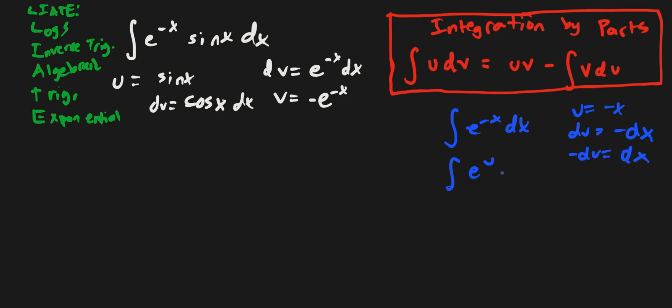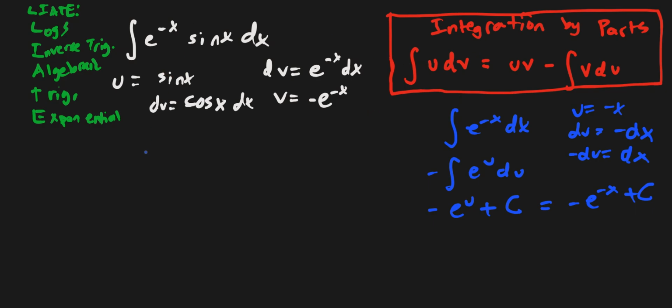So dx is negative du. Push that negative outside. This is just equal to negative e to the u plus c, which is negative e to the negative x plus c, exactly what we have here. We don't need that plus c in order to use the integration by parts formula.